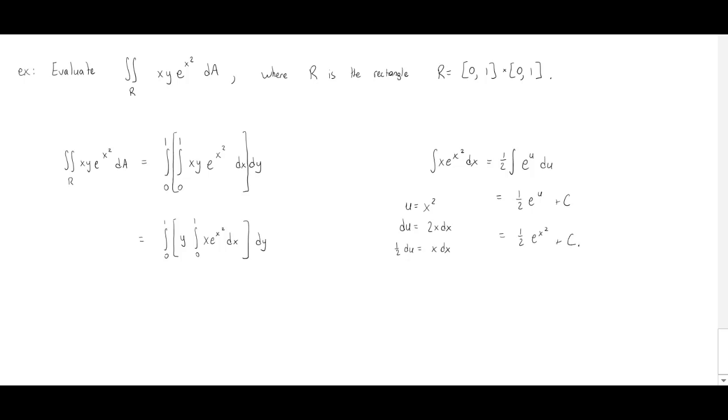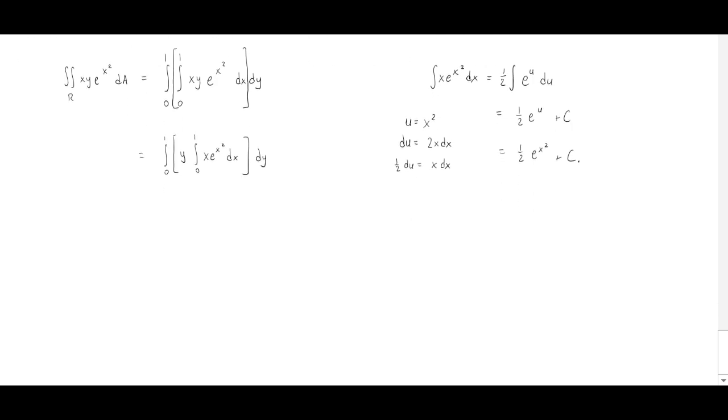Now I want to plug that into my problem. So y, and then this integral became 1/2 e to the x squared, from 0 to 1. If we plug in 1 for x, we'll get 1/2 e to the 1.